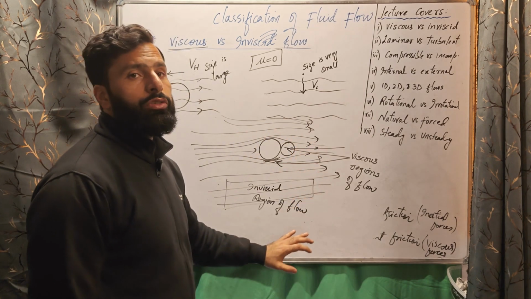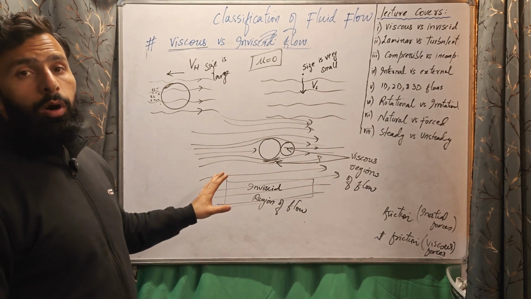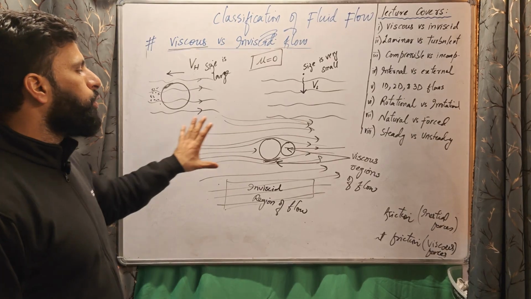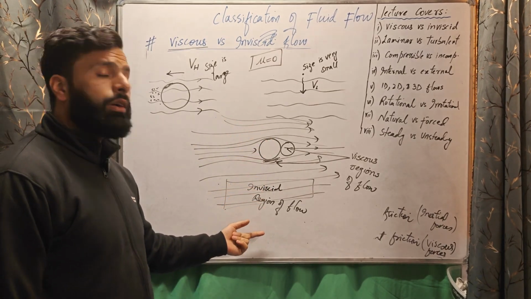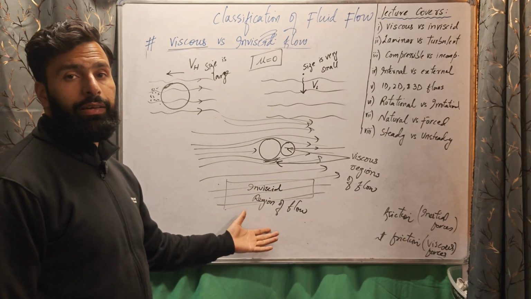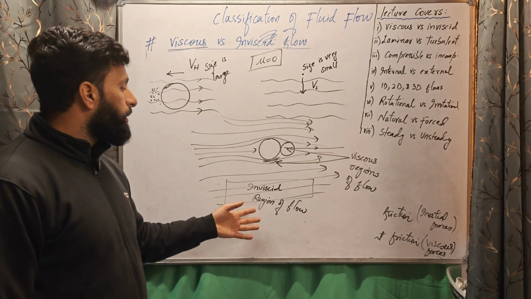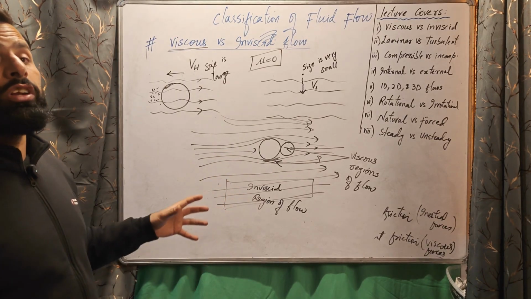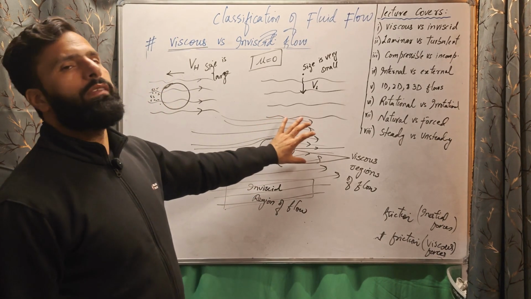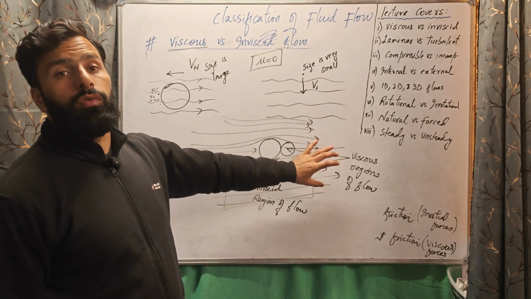We call them viscous regions of flow. That's why we should always talk about regions of flow. There is a flow field, and it has some parts where viscous effects can be neglected, so we call those inviscid regions of flow.